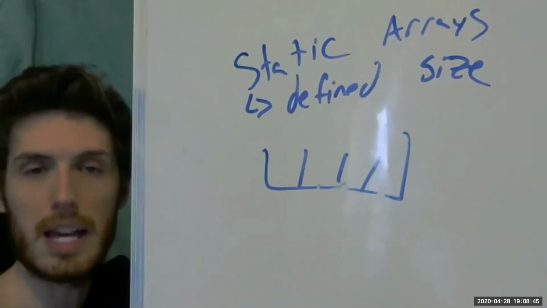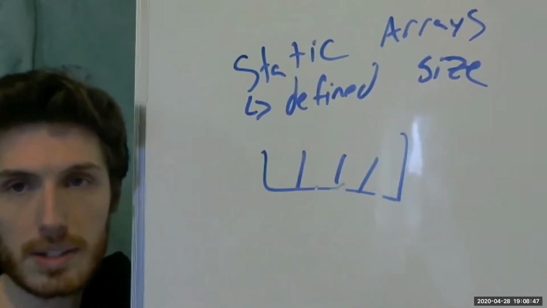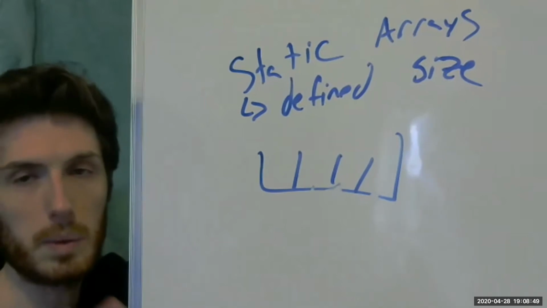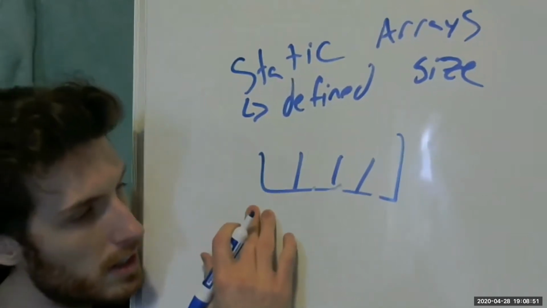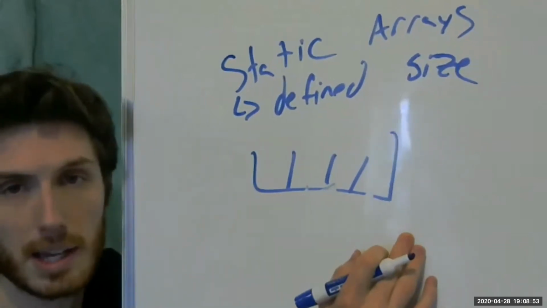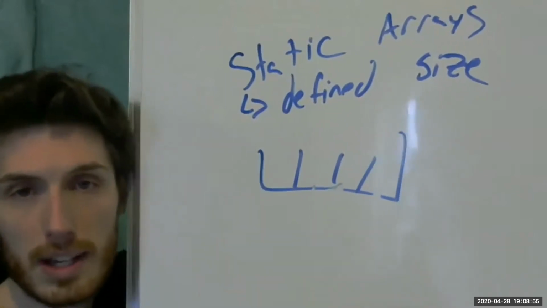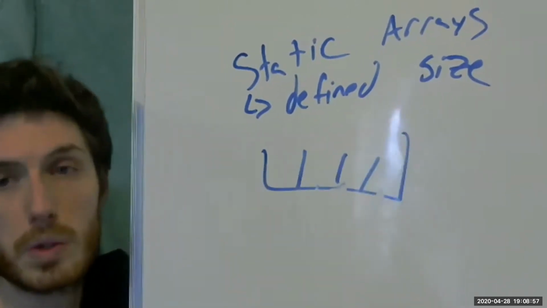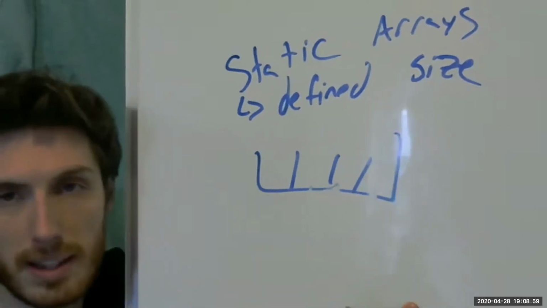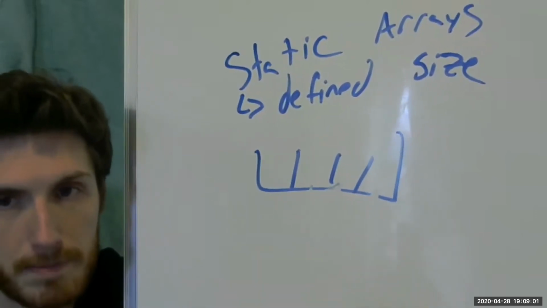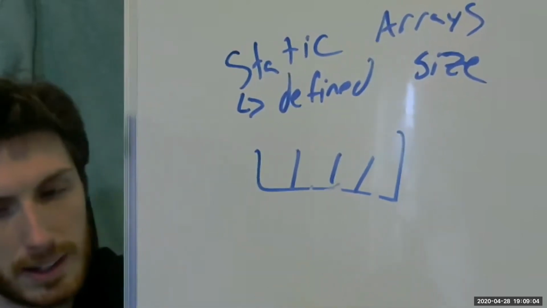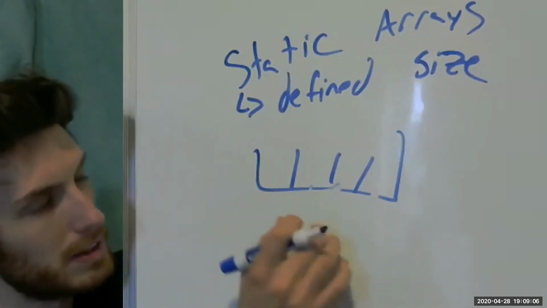Well, dynamic arrays are built on static arrays, but the idea is that once this array hits its capacity, it goes and creates a new array of twice the length of the previous array. And we'll see more of that later, so it resizes.